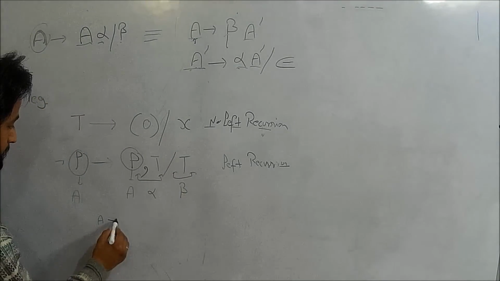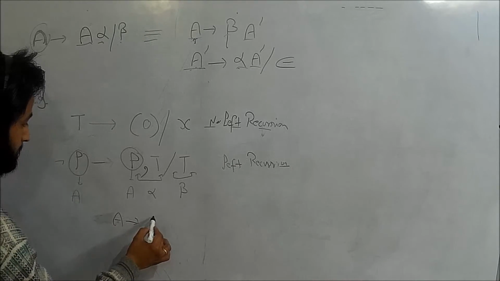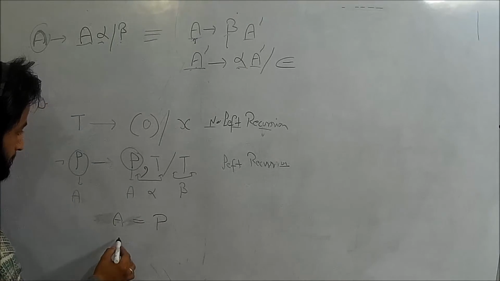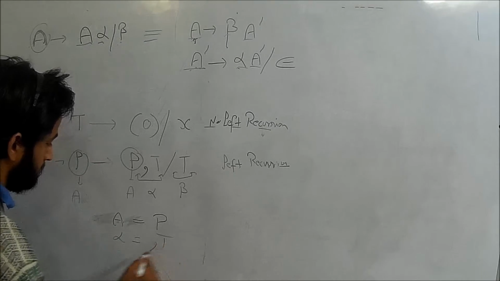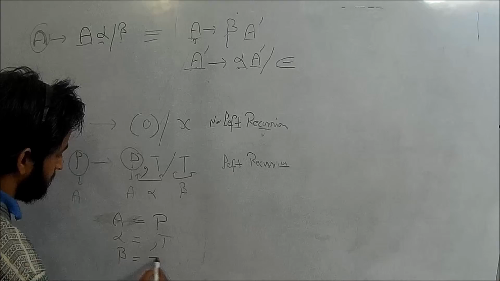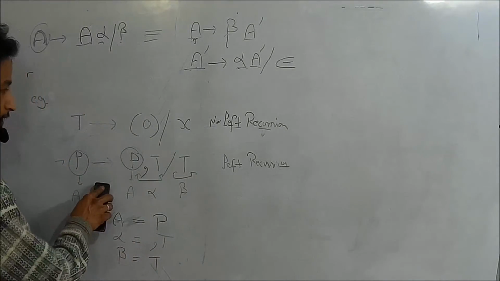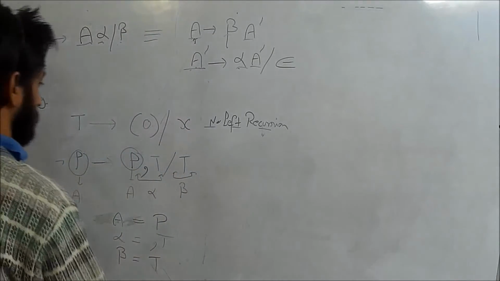Okay, so we write A is P, alpha is comma T, and beta is T. Now resolve the grammar's left recursion.